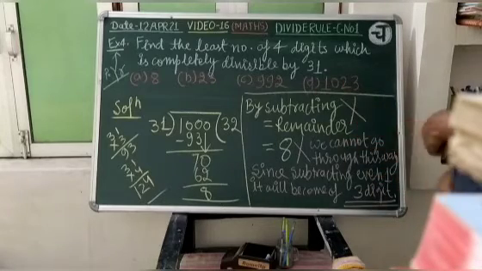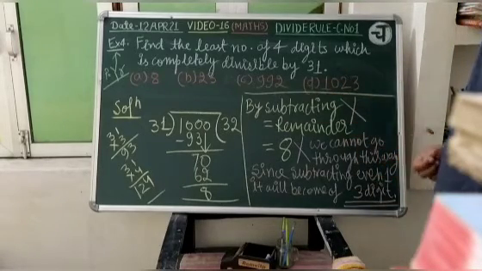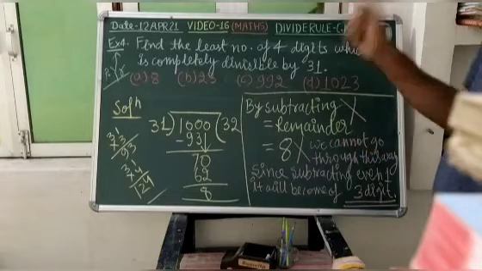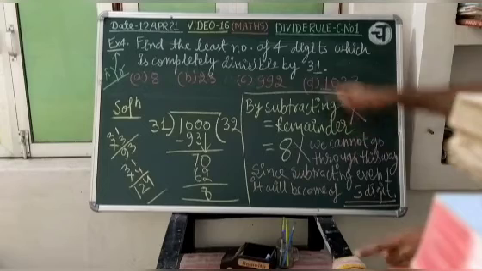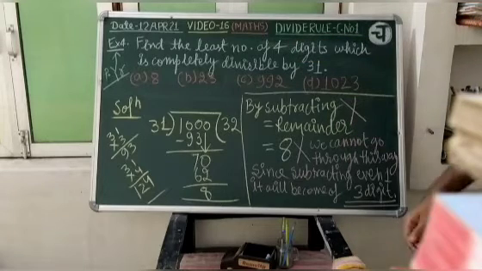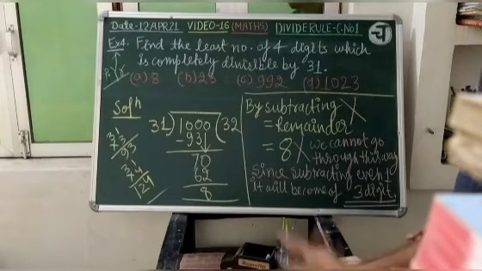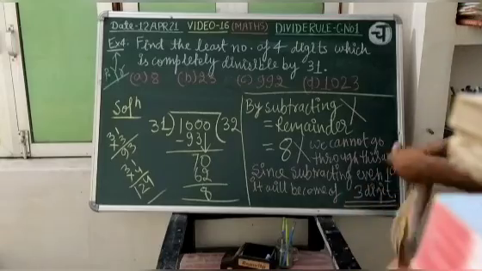So you have only 2 ways. One is by subtracting, one is by adding. Subtracting is closed for us, since we want the least number of 4 digits. So of course we should go through the way of adding.